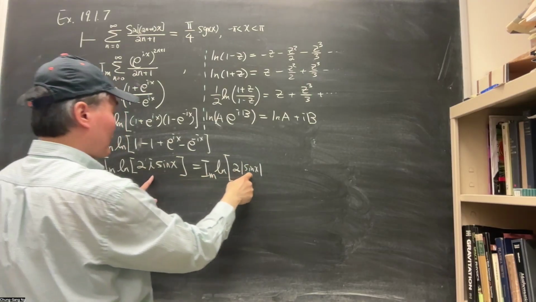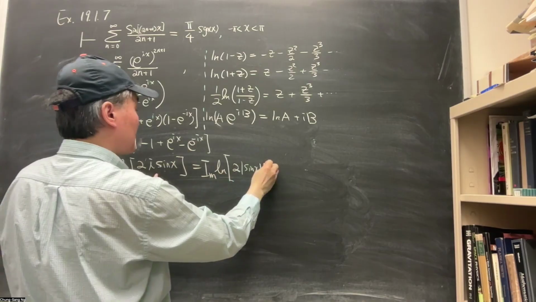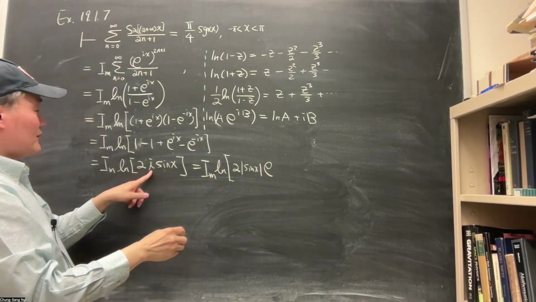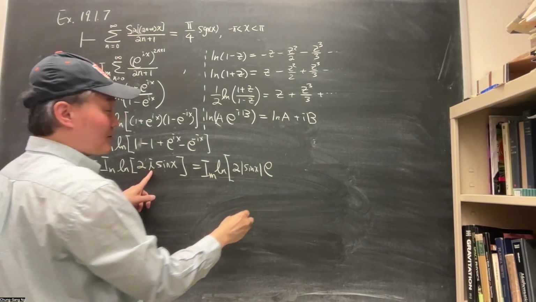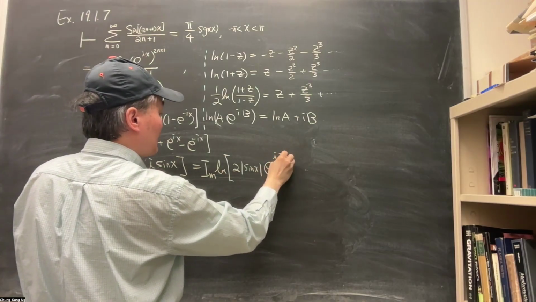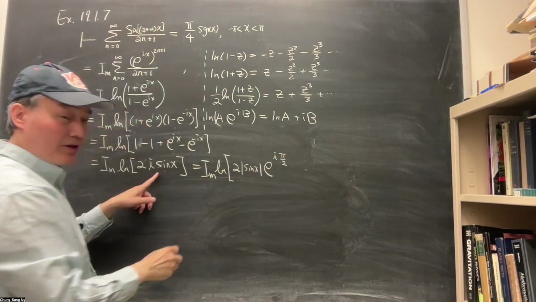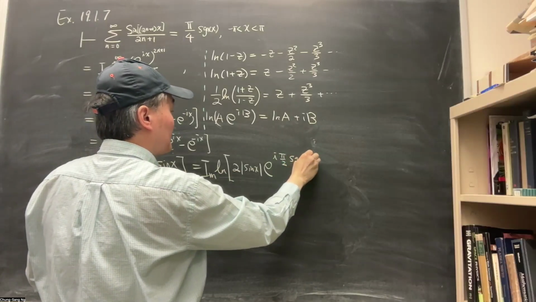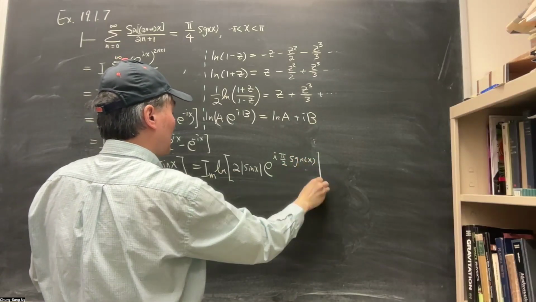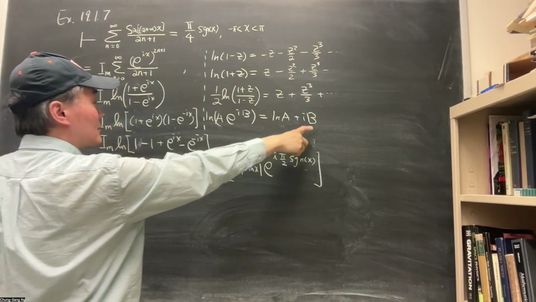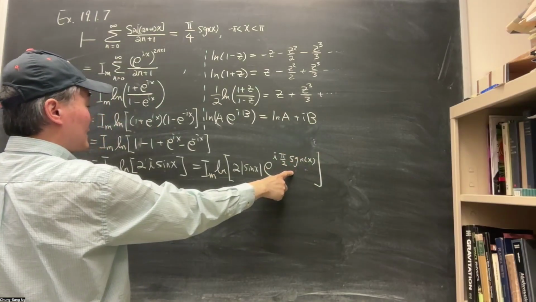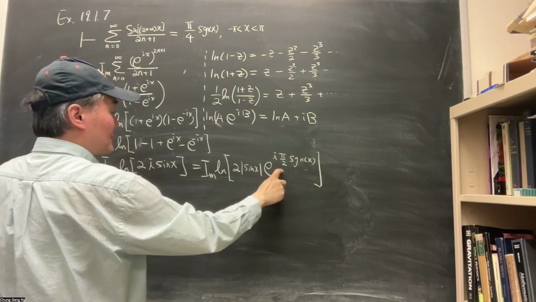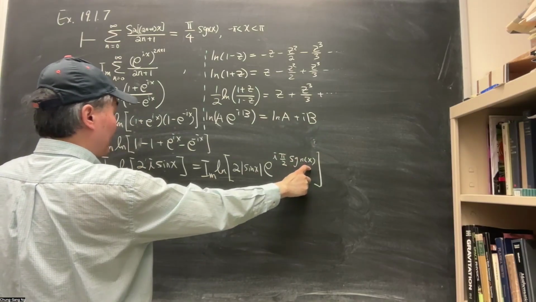And then the polar form depends on the sign of x. If it is positive, then i is e to the i pi over 2. If it's negative, then it's e to the minus i pi over 2. So the sign of x here. So this is the polar angle. And so the imaginary part will pick out just the polar angle.